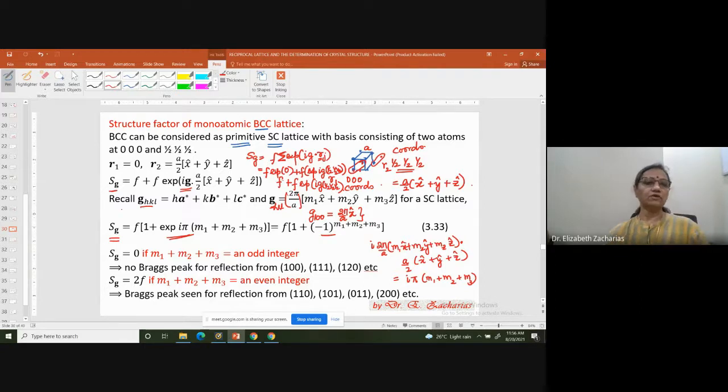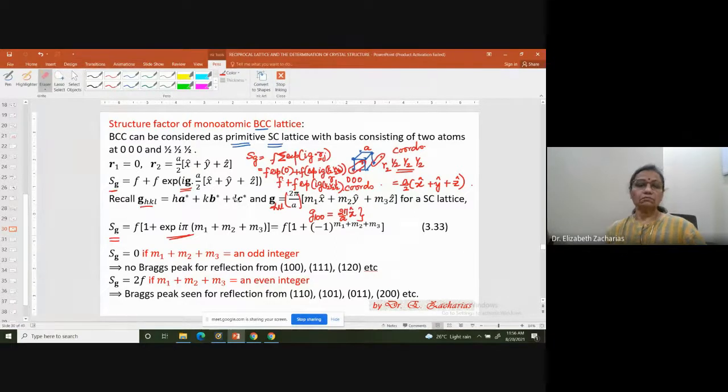Okay. Now comes the important part. Take this equation and see when your structure factor Sg will be a maximum. When will it be 0? Let us see that. Okay, now look at this.